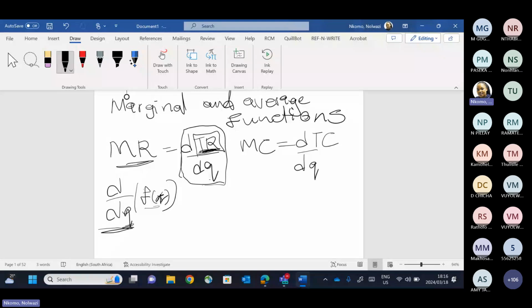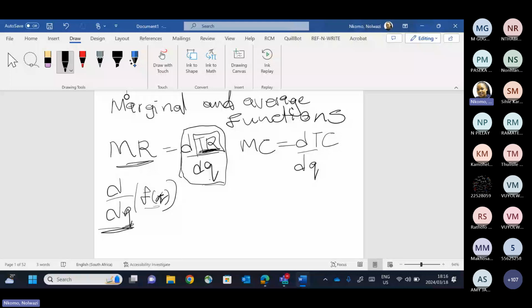Let me just use the word quantity. Knowing the marginal revenue will help the company understand the demand for a product in the market, like how much product they should produce to meet the standards of the market.